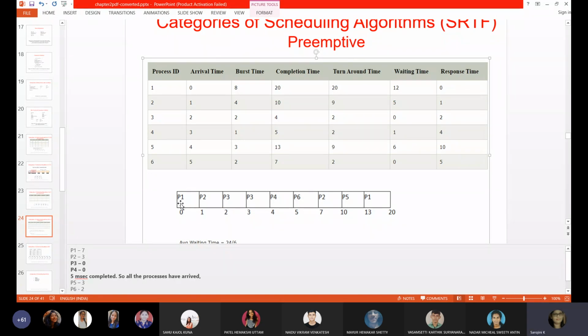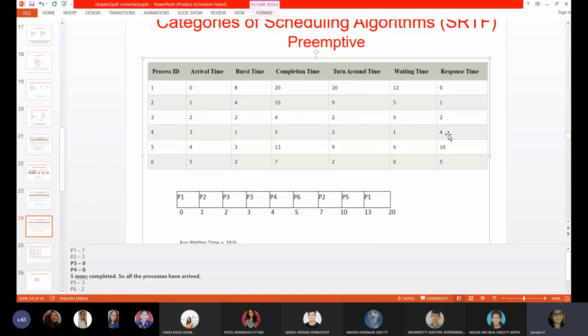Process P1, 0th millisecond, first got a chance to use the CPU. Process P2, 1 millisecond. Process P3, you have to see the first occurrence here: at the second millisecond it got a chance to use the CPU for the first time. So 2 here.